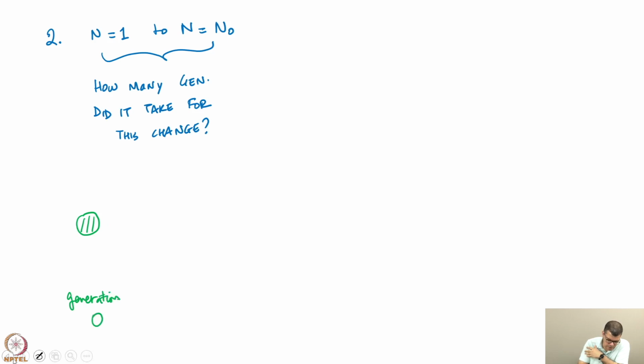After one generation, this individual would divide into two, and we get the population size at generation 1. So, let us say this is the number of generations and this is population size.